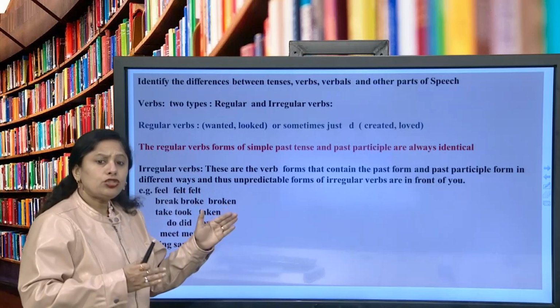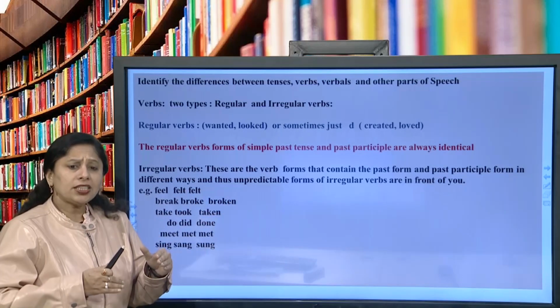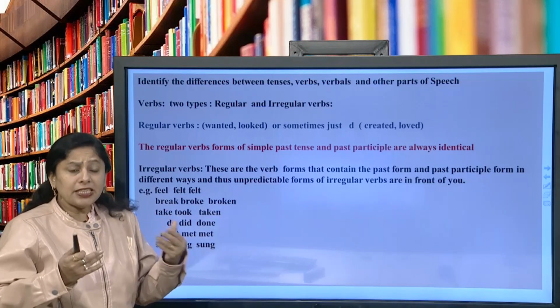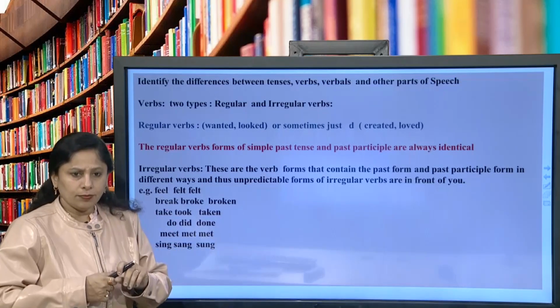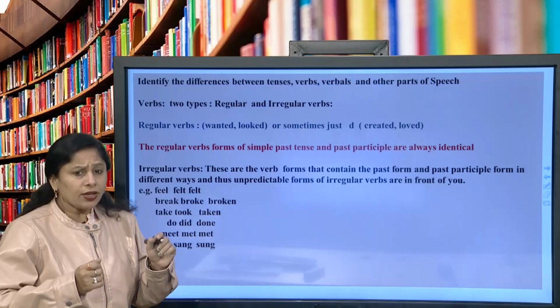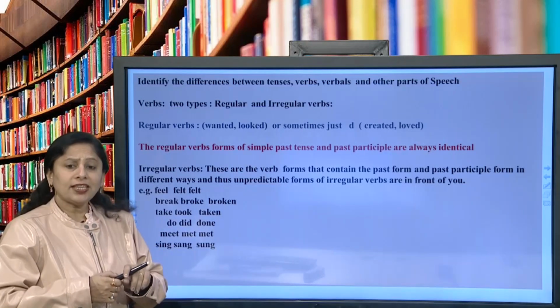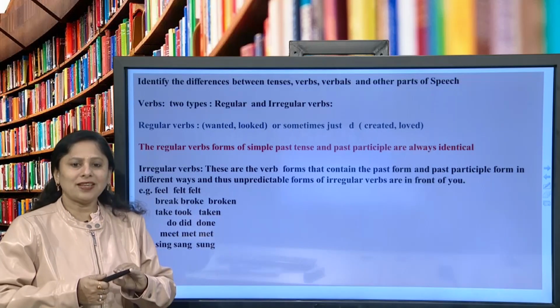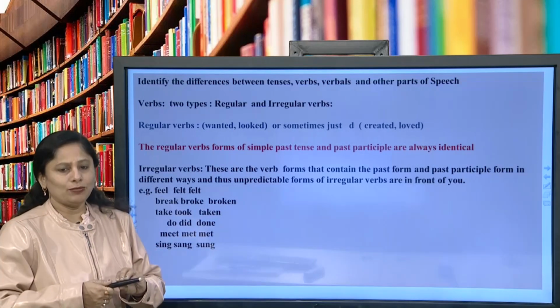Now we are going to see what are the unidentical patterns, what are the unpredictable patterns of irregular verbs. The irregular verbs are those that contain the past form and past participle form in different ways and thus unpredictable forms.